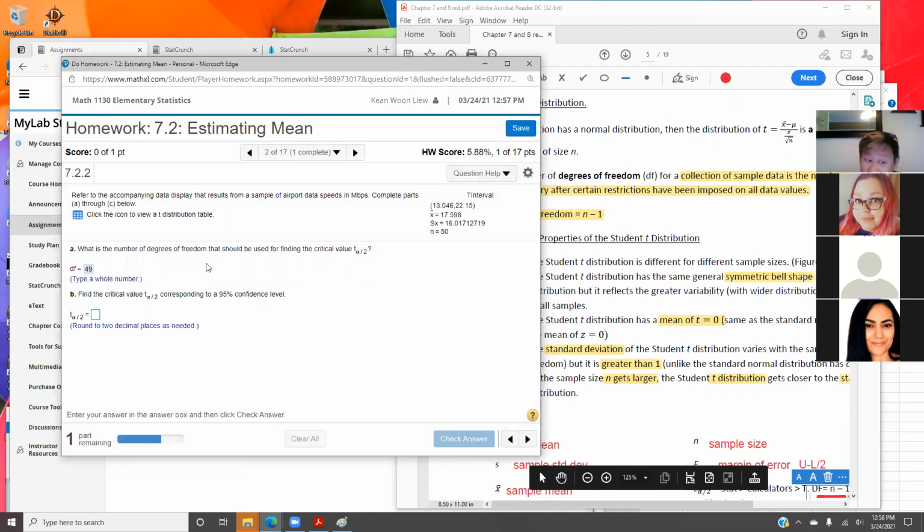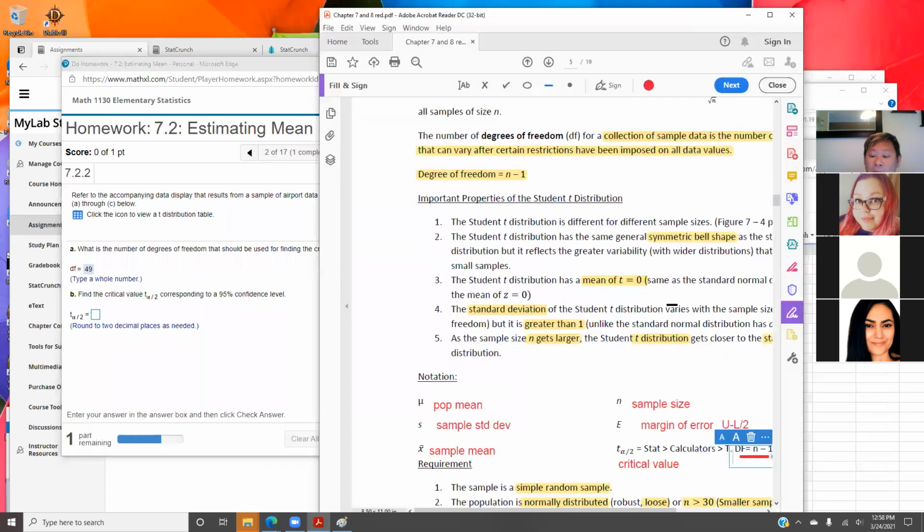Very straightforward. They want you to find the critical value. So how do you find your critical value?